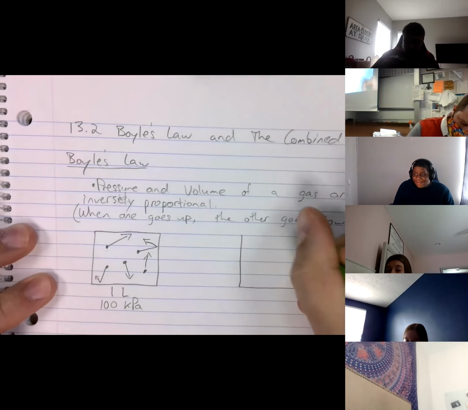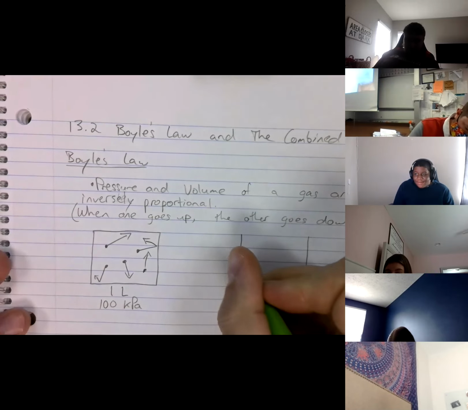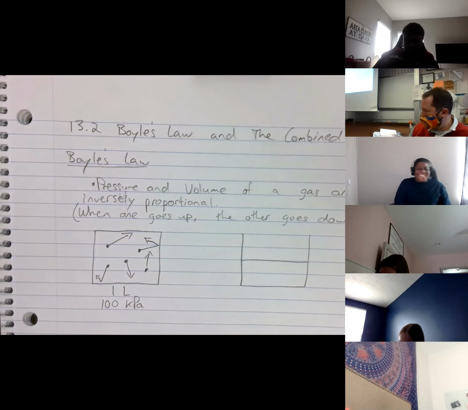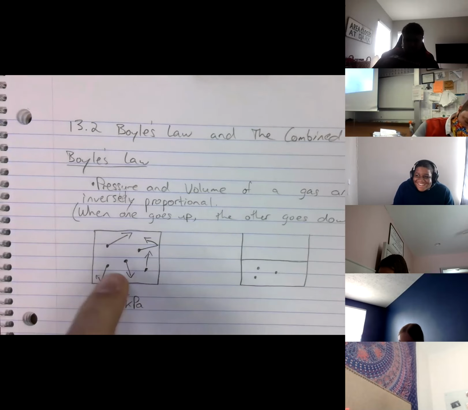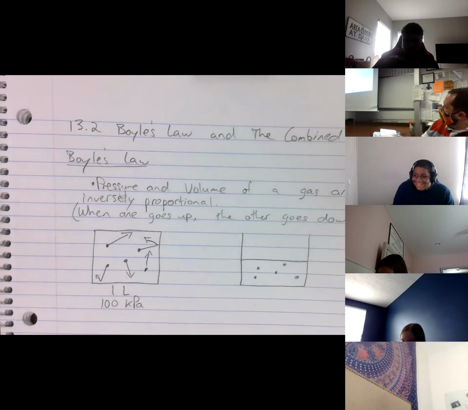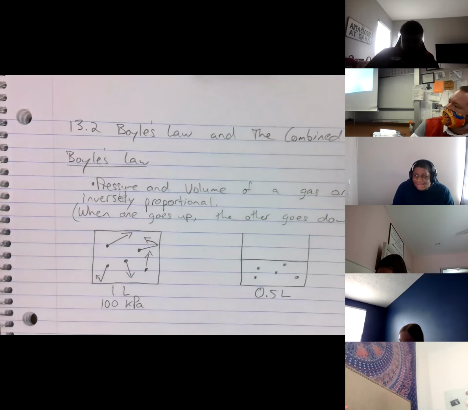Boyle's law, if we reduce that volume, sorry about that. Again, got to make sure I've got my 5 dots over here. Can't change the number of dots. This is half the volume. Guess what?